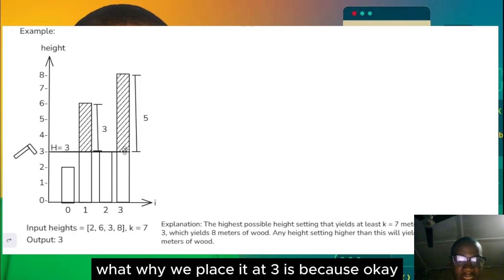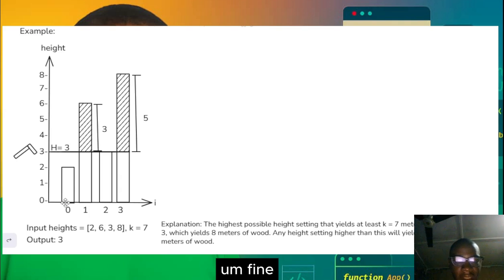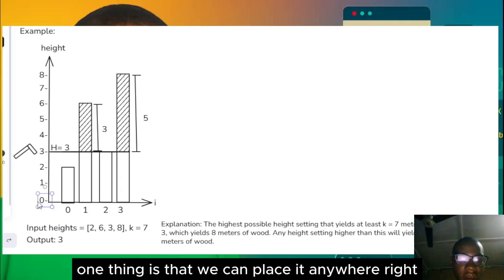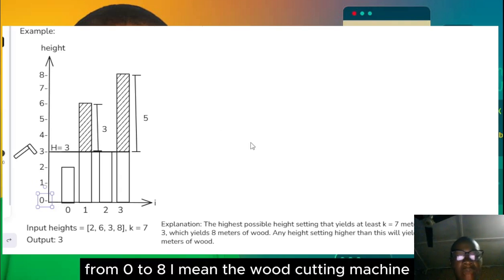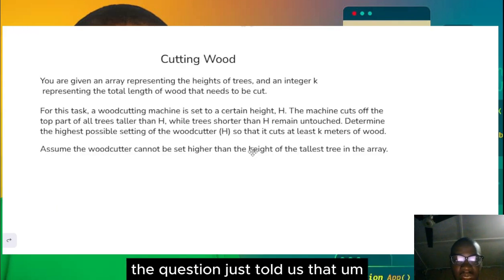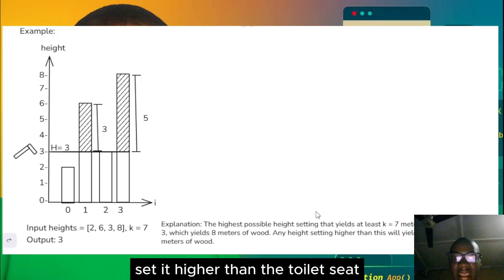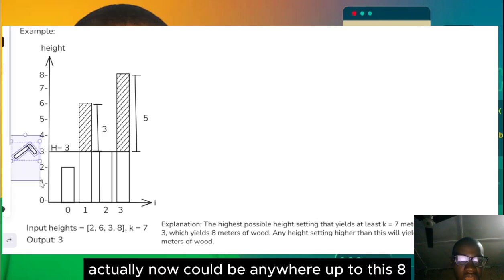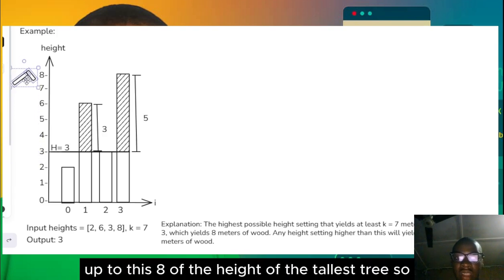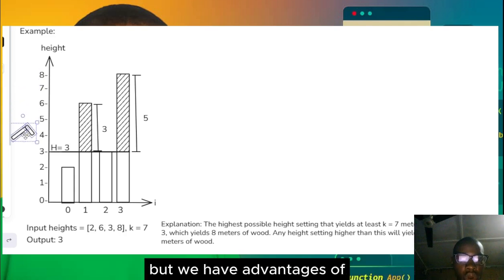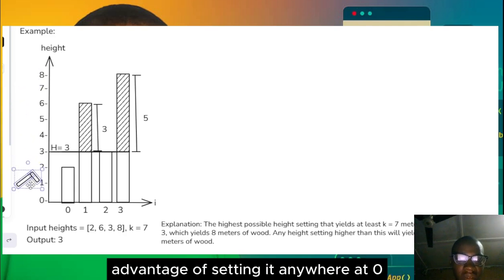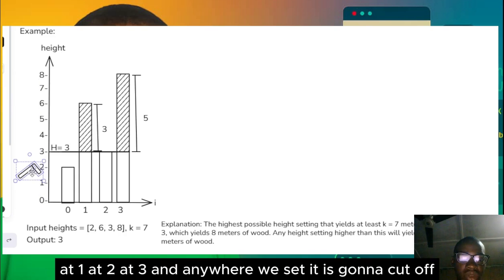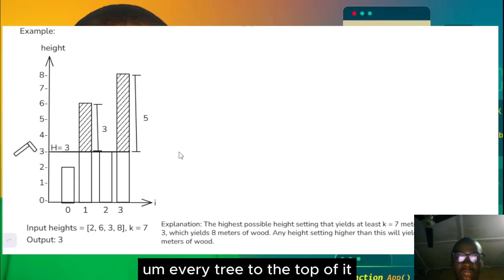We can place the wood cutting machine anywhere from 0 to 8, because the question tells us we should assume we cannot set it higher than the tallest tree. So the height can be anywhere up to 8, the height of the tallest tree. We can set it at 0, 1, 2, 3, and wherever we set it, it will cut off the top of every tree.